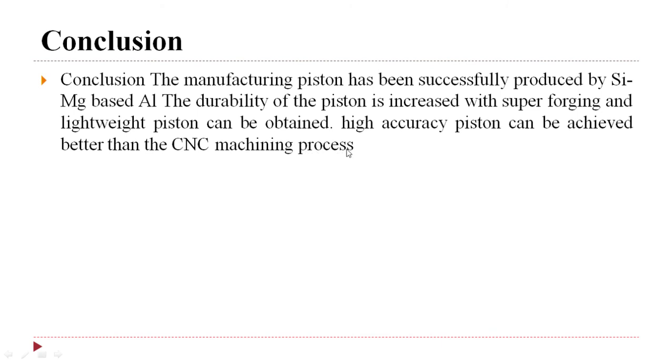And also, which manufacturing process we have to use for which pistons, and according to the manufacturing process used, there are various applications, and which materials we have to use for pistons. I also conclude this from this.